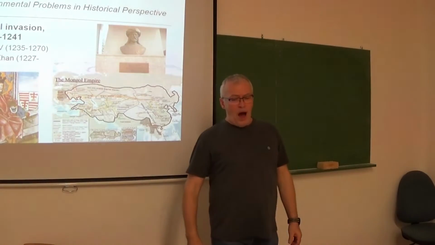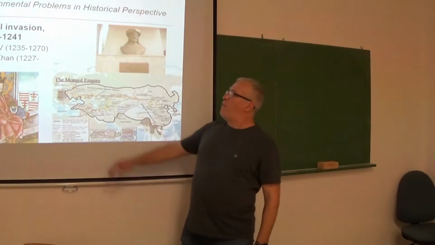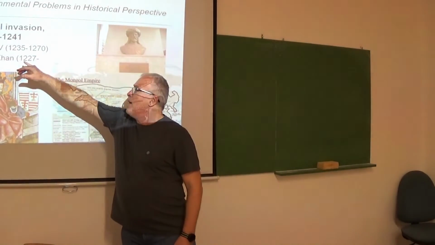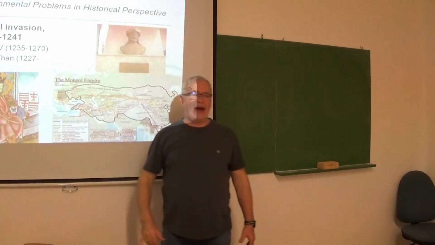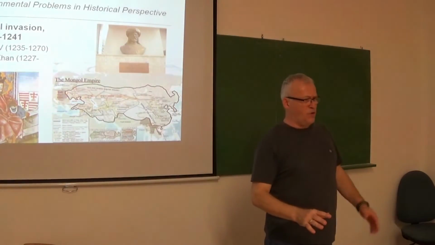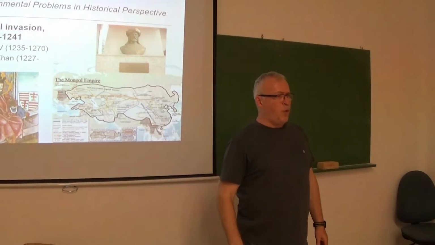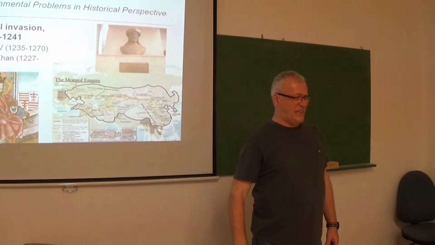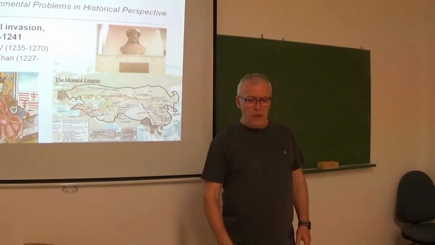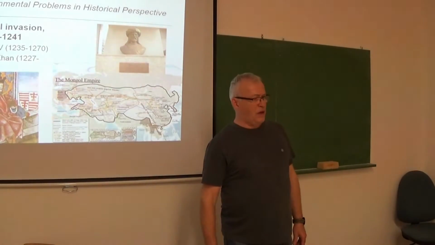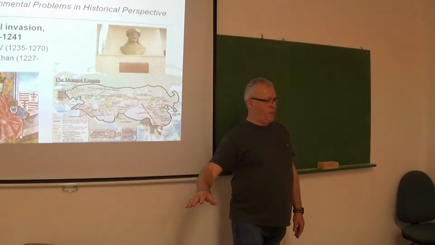At the time, the Hungarian king was named Béla the Fourth, and his enemy was Batu Khan. Maybe you know his name. He was the grandson of Genghis Khan, and the political and military leader against Hungary and Poland.